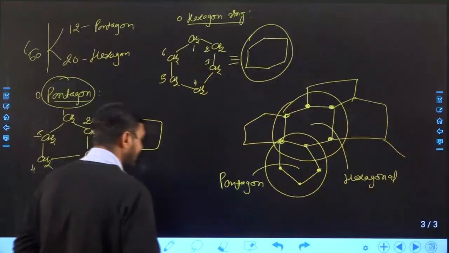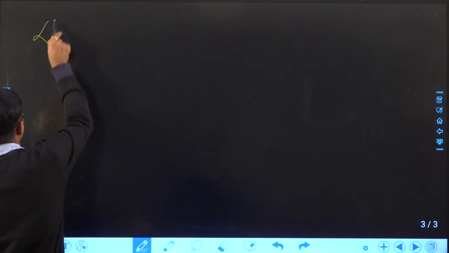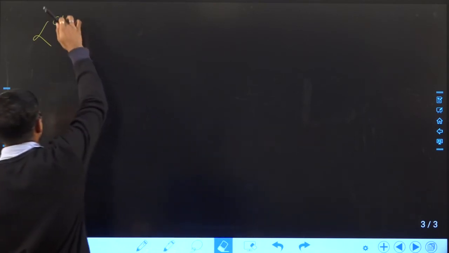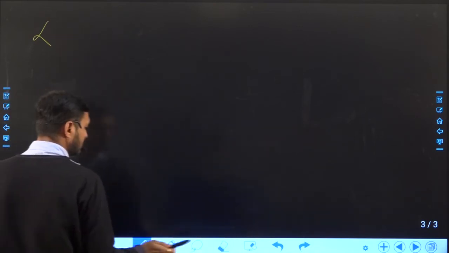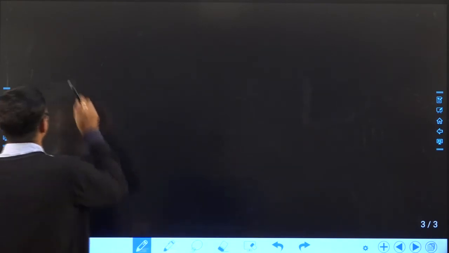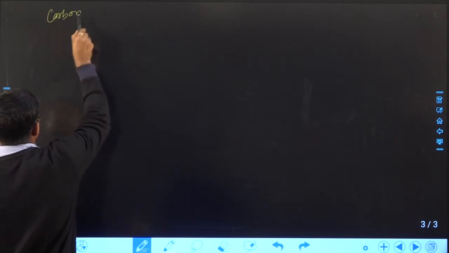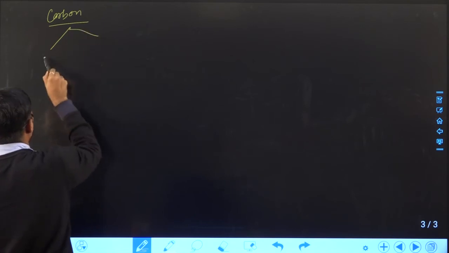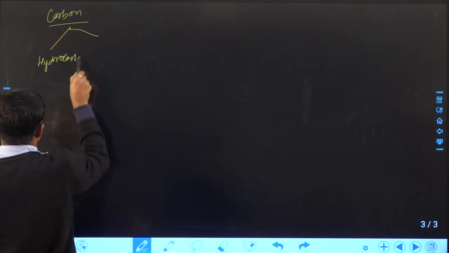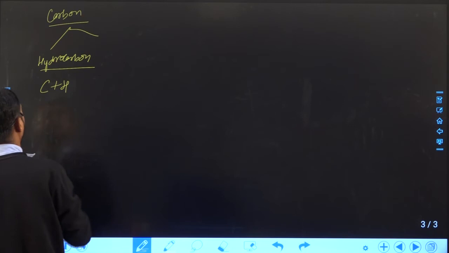Now we categorize carbon and its compounds into two categories. One is where only carbon and hydrogen are present in the compound: the hydrocarbon, which is nothing but carbon plus hydrogen.